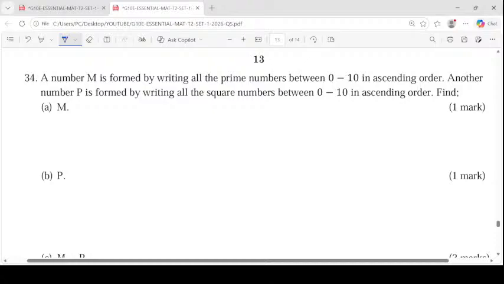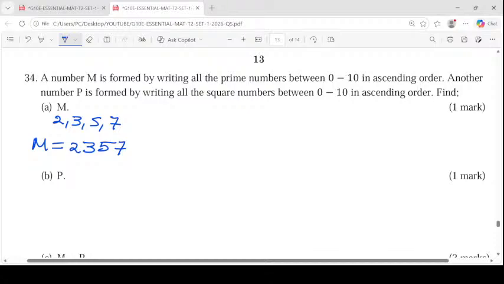Find m. So first of all, let's get m. They are saying all the prime numbers. So let's list the prime numbers between 0 to 10. The first prime number is 2, followed by 3, followed by 5, then by 7. But now in ascending order, so the number m is 2357.